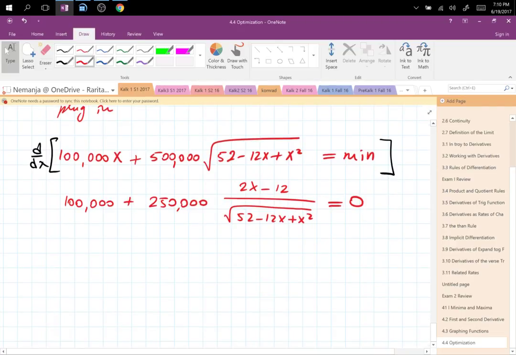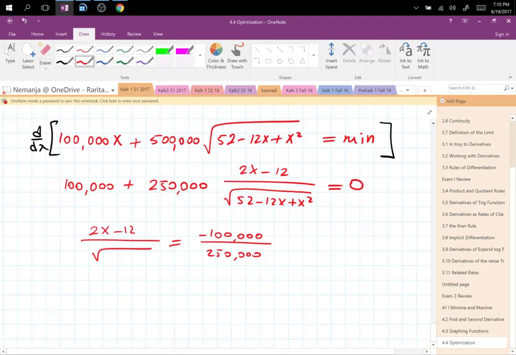And all we need to do is to solve this. Now this might look intimidating, but it's not a big deal at all. Move 100,000 to the other side, divide by 25, so we get 2x minus 12 divided by the square root is equal to negative 100,000 divided by 250,000.